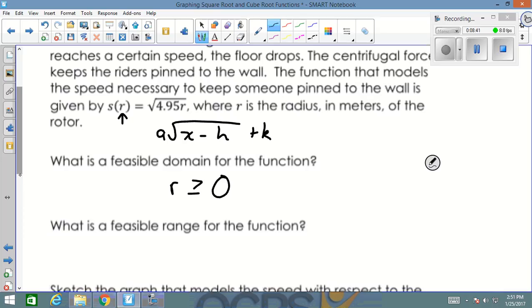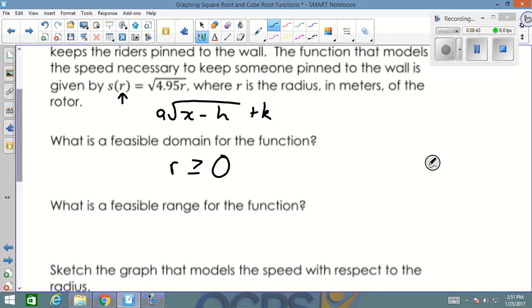To find the range, again, it's k. Well, k, we don't have a number in this function past that R. So it's going to be 0. We know that it's greater than or equal to because it always is. Okay, and our entire y is this whole thing, S of R. S of R is greater than or equal to 0.